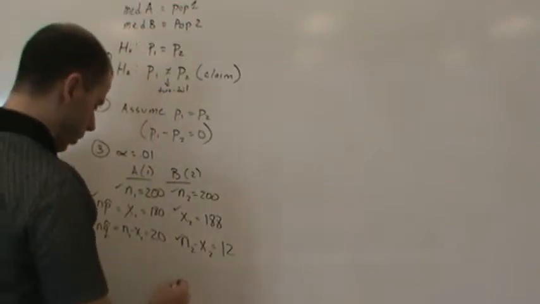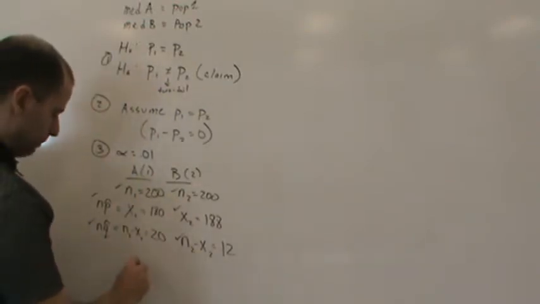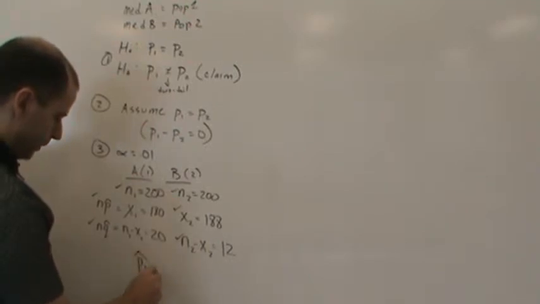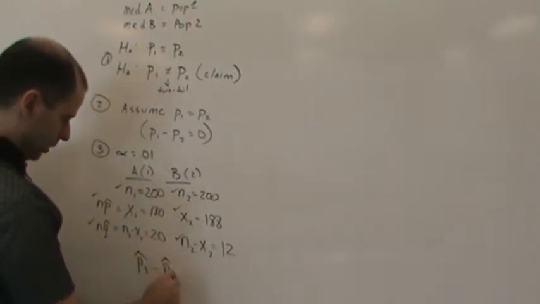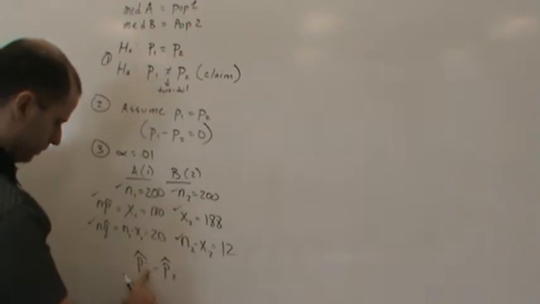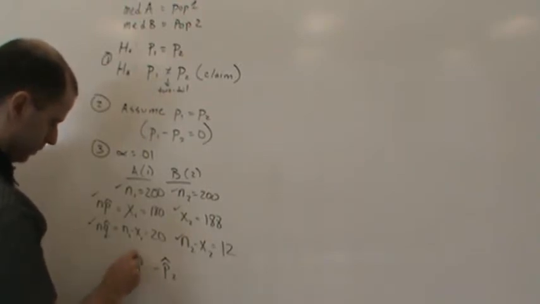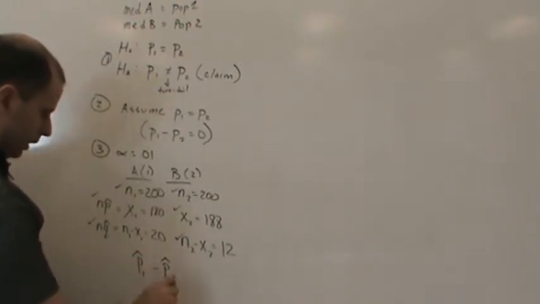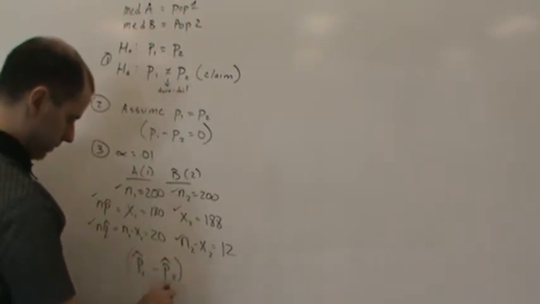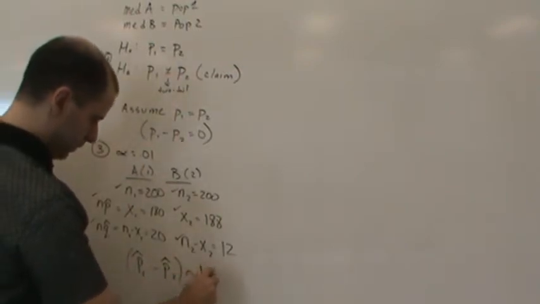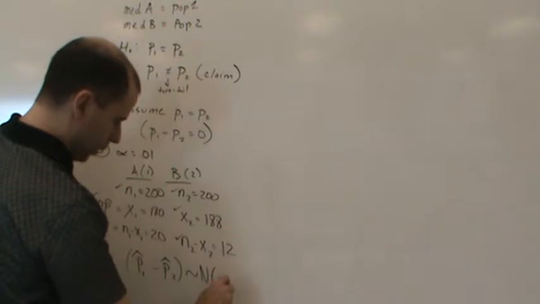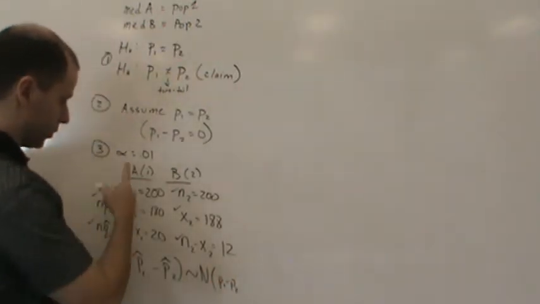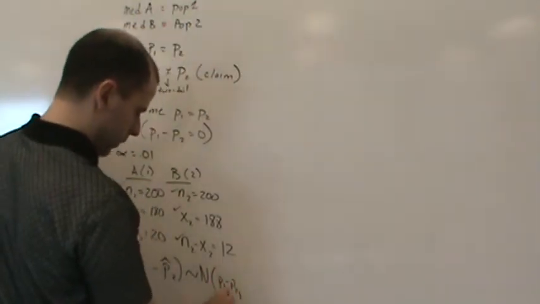So now, what do we know? Based on this, we know that p hat 1 minus p hat 2 is normally distributed with a mean of p1 minus p2, which in this case we're assuming is 0, right?